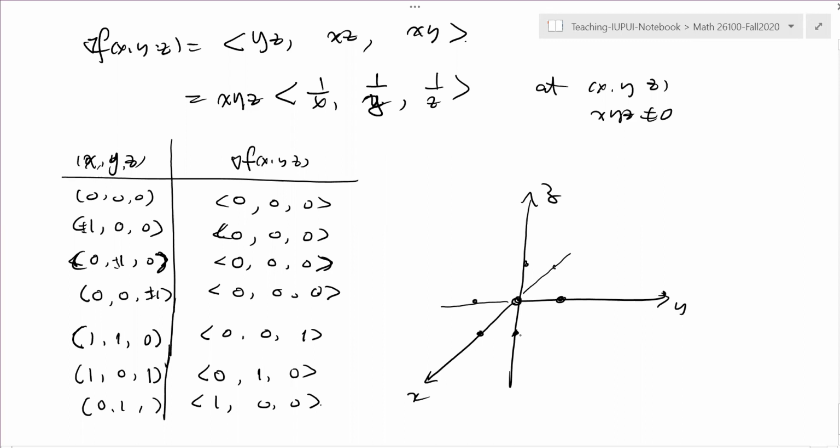Okay, I can draw. At the point (1, 1, 0), the vector is going to be like that. Let's use a red color for the vector. Then at (1, 0, 1), which is in the xz plane, the second component is going to be 1, so it's going to be like that.